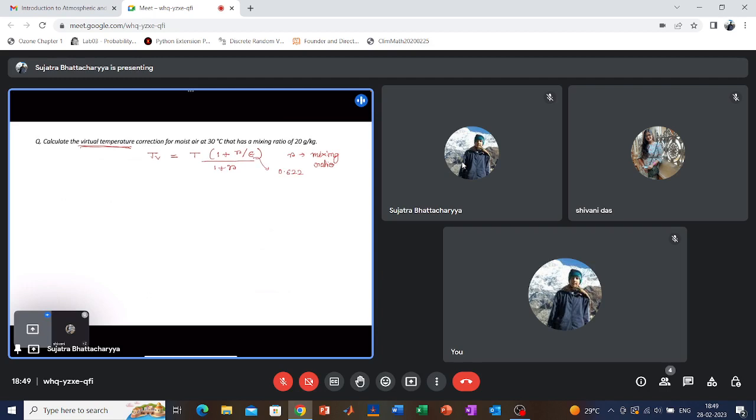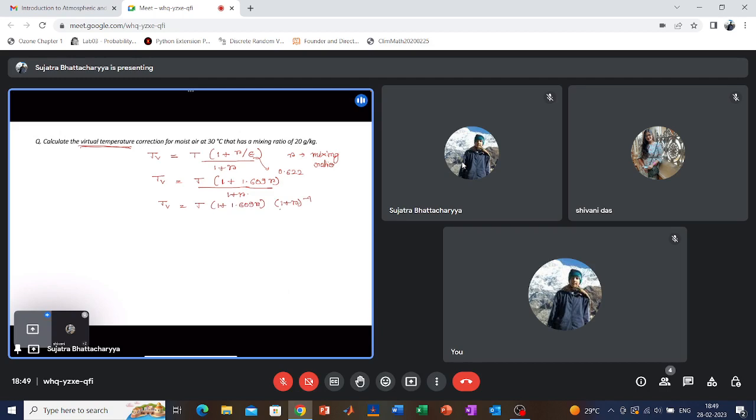Fine. Now we will do some very short simplification. Now this 1 by epsilon can be written as 1.609, because 1 by 0.622, if you do, is nearly this. Now this is divided by 1 plus R. Now what I do is T into 1 plus 1.609 R, and I will keep the denominator in the numerator as 1 plus R to the power minus 1.